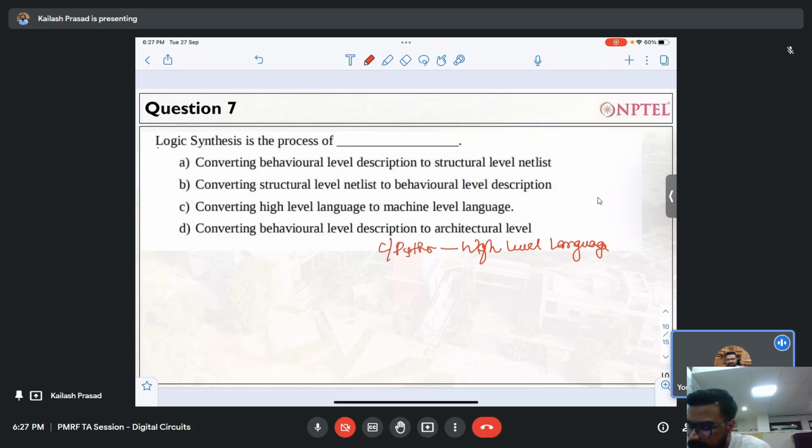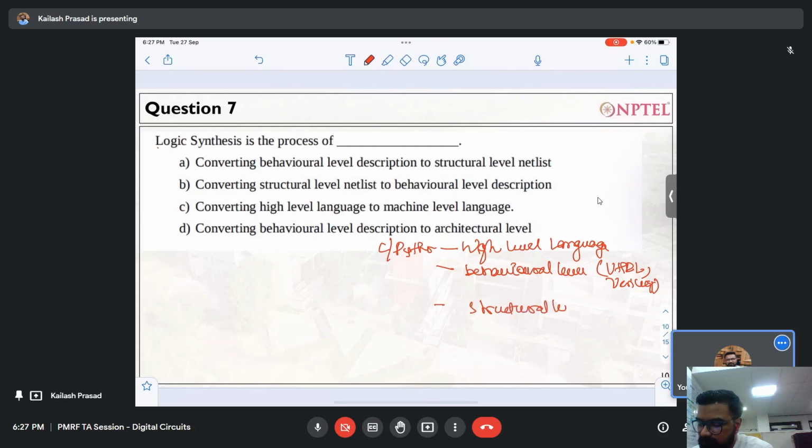After that you have the behavior level description, written in VHDL, Verilog. Then you have the structure level netlist.